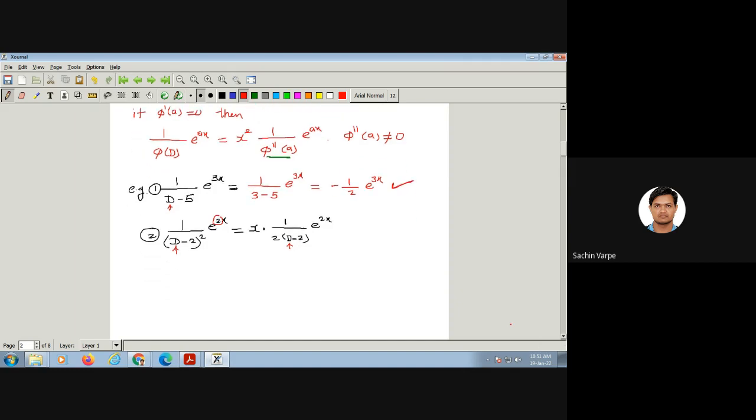But when I replace D by 2, I'll again get 0 there, so that is again a case of failure. So I'll further take the derivative, that is x into x into the derivative of this, which will be 2 only. Yes or no? E to the power 2x. And that is the complete particular integral.